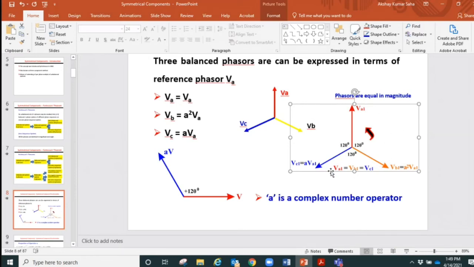These are the positive sequence voltages for all three phases, expressed in terms of the reference phasor, VA1. Is that clear?